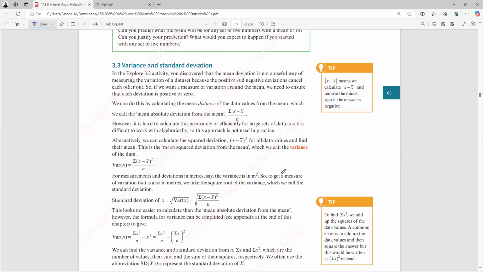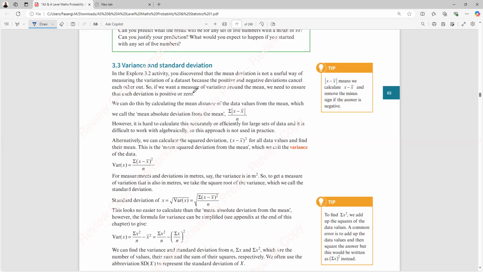So here what it says for the variance: in the Explore 3.2 activity, you discovered that the mean deviation is not a useful way of measuring the variation of a data set because the positive and the negative variations cancel each other out.